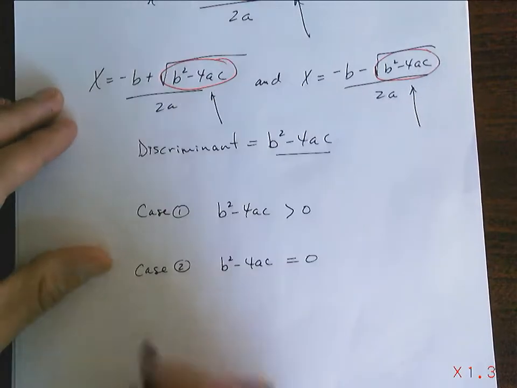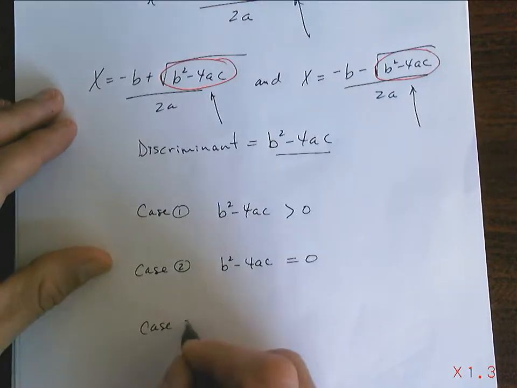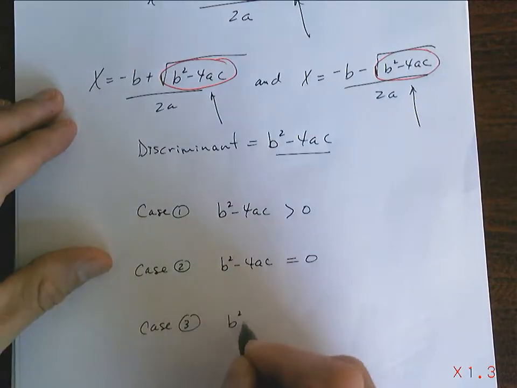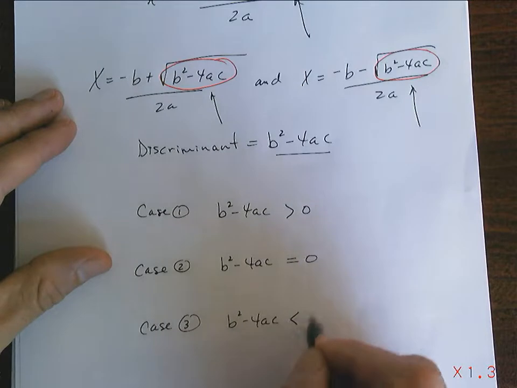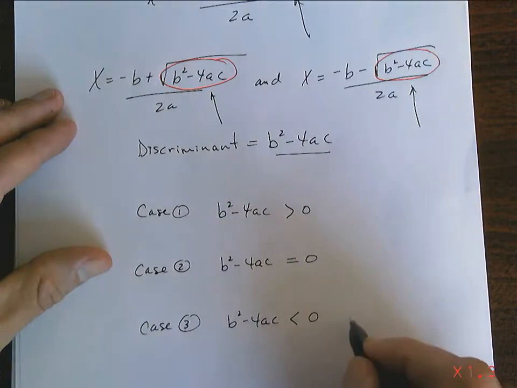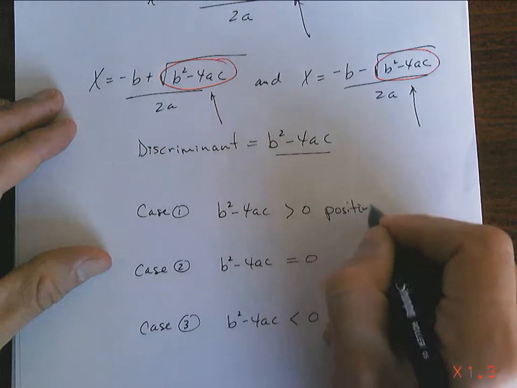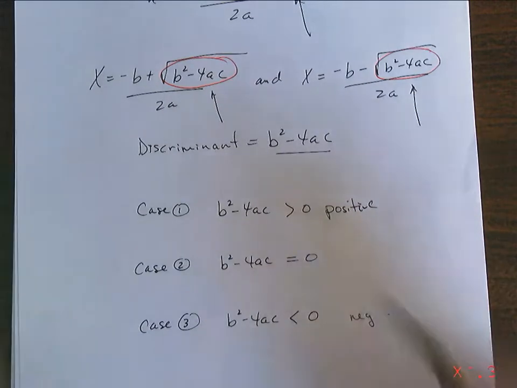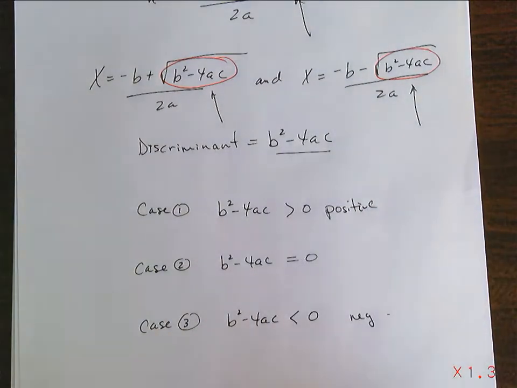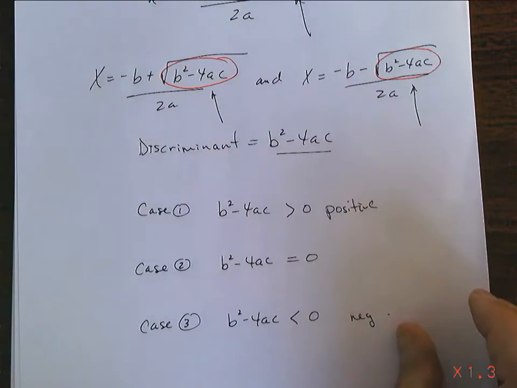And case 3, the discriminant can be less than 0, negative. So negative, positive, neither positive nor negative, but 0. So those are your three cases for the discriminant, and we're going to use the discriminant to tell us about the nature of the roots.